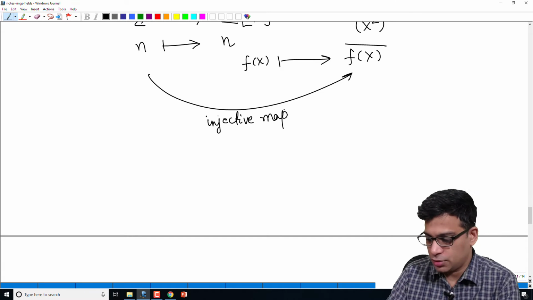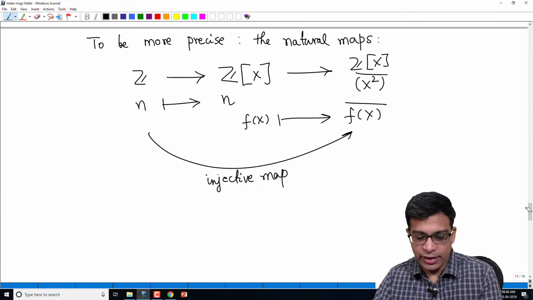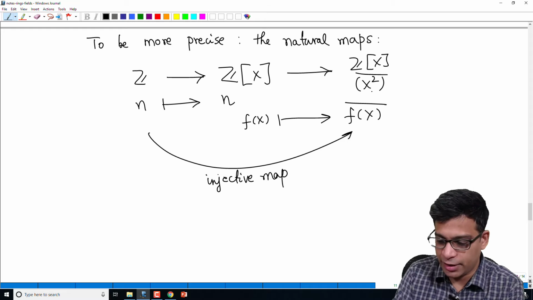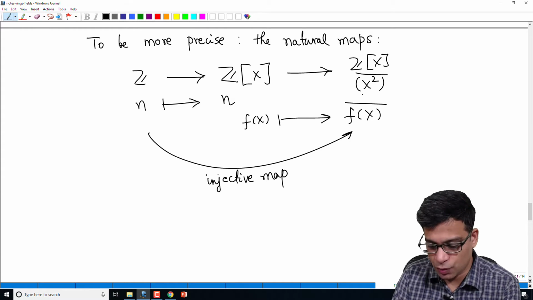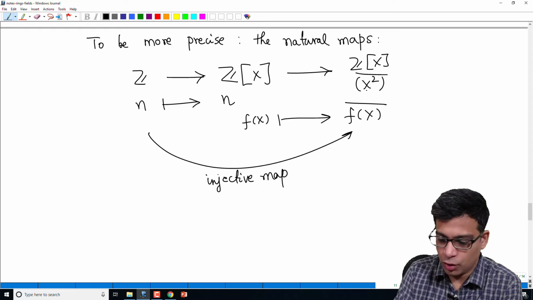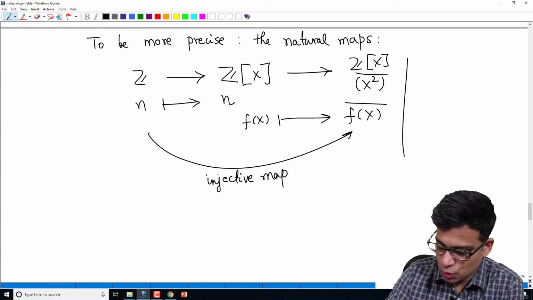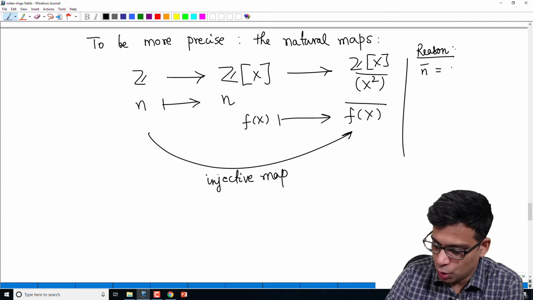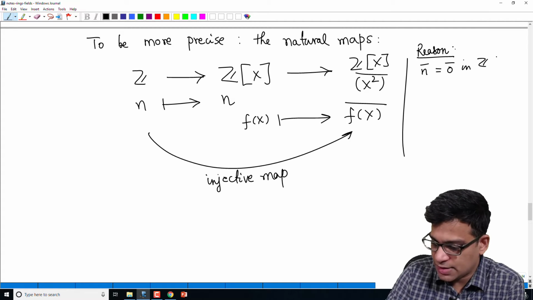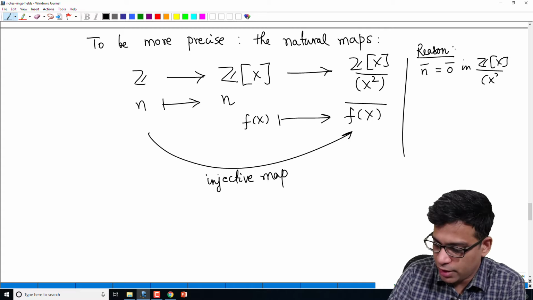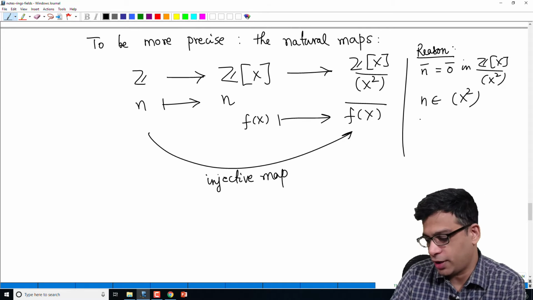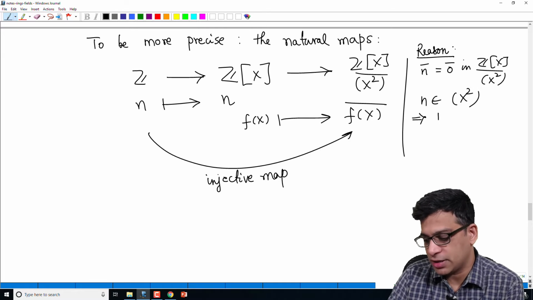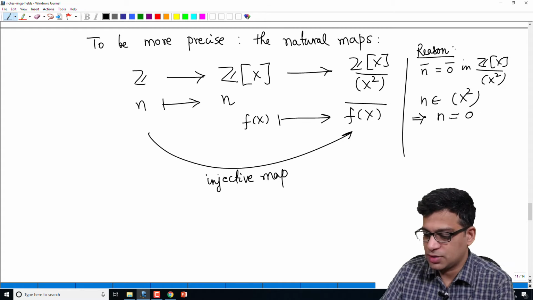This is an injective map because a non-zero integer is never inside the ideal (x squared). The reason is, if n bar is 0 bar in Z[x] mod (x squared), that means n is in the ideal generated by x squared, but the only integer in the ideal generated by x squared is 0.